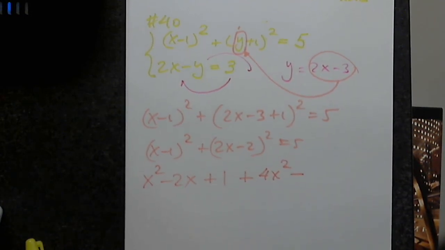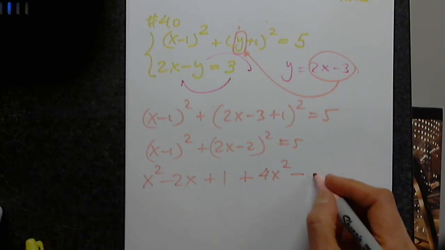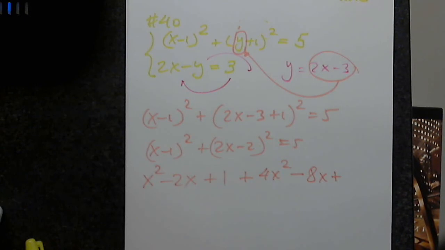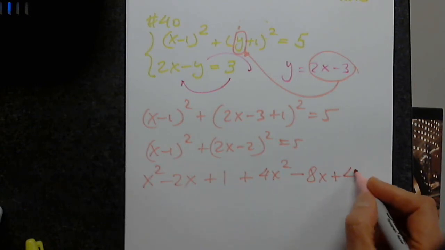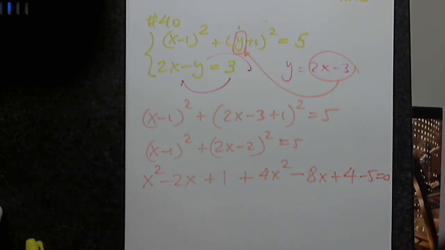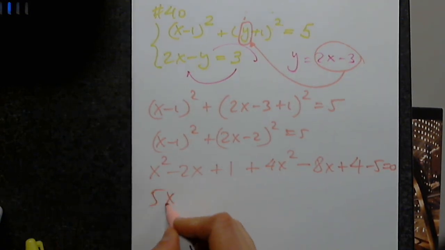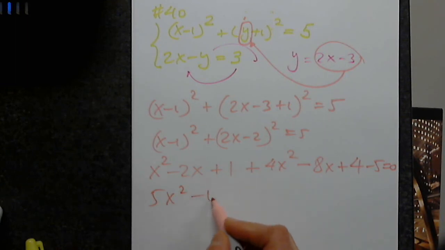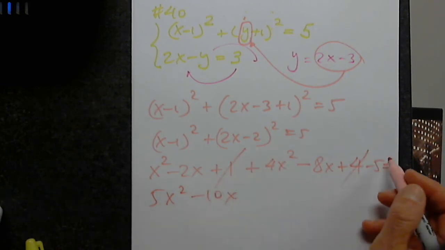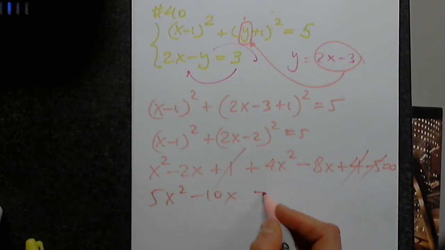Minus. Very good. Awesome. Plus. Very good. Minus 5 equals 0 because it's quadratic and I have to set it equal to 0. Very good. Next. Of course. So I have 5x squared, I have minus 10x, and luckily I see these 3 go away. Set equal to 0.